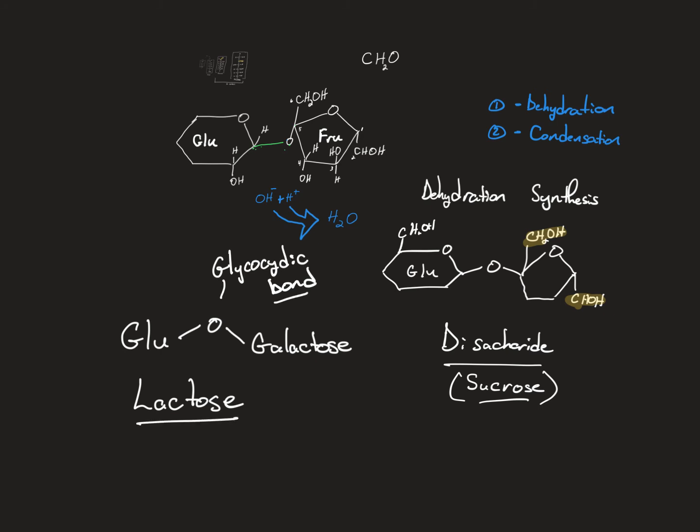And so this sucrose and lactose, these two examples of a disaccharide, are important. In fact, when you look at lactose, there are people that are lactose intolerant. They can't break this particular bond between glucose and galactose. These people can eat sucrose, but they can't eat lactose because of an enzyme that breaks one down, but they can't break the other down.